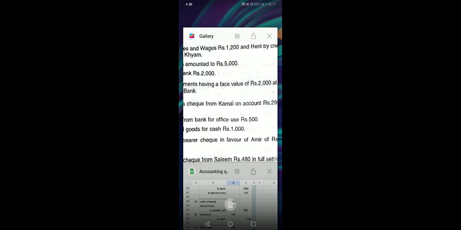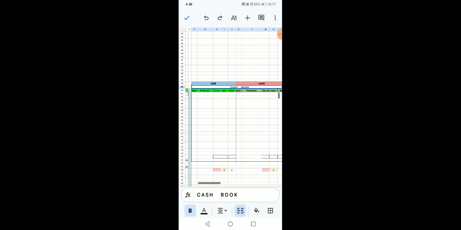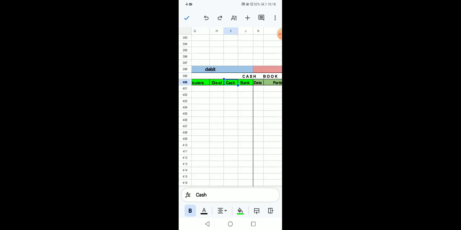As mentioned earlier, you are converting this ordinary transactional detail into usable information. What usable information would that be? You will create a cash book. We have cash on the debit side. Cash on the debit side means the amount you have received; it would be mentioned on the debit side. Cash is coming in.